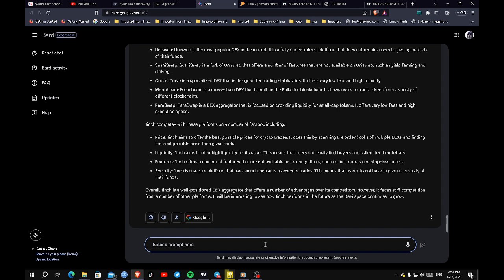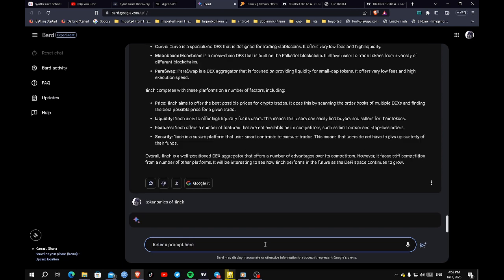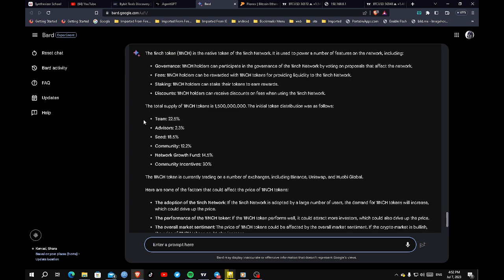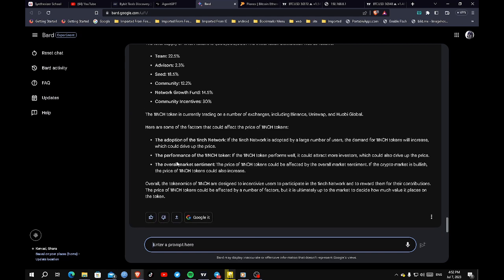So you also look at tokenomics of 1inch. It gives you information on their governance, fees, staking discounts, how much the supply of the 1inch token is, how much the team has, advisors, seed, community, network growth fund, community incentives, and all that.